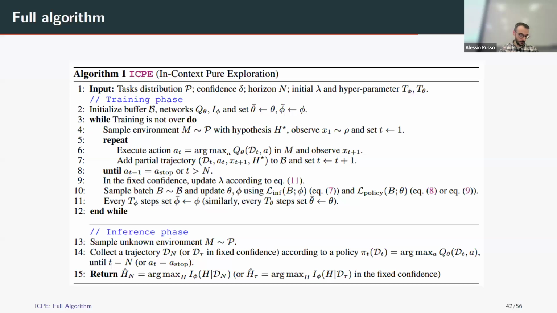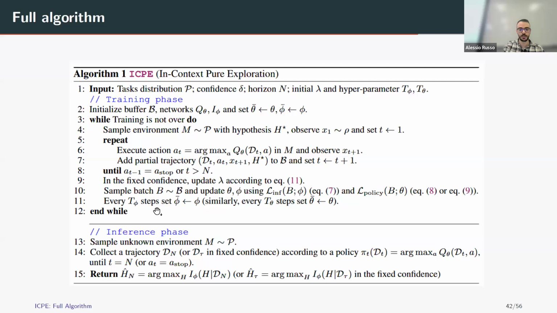So this is the final algorithm in the end that we call ICP, in context pure exploration. We have the first training phase where we have access to this prior from which we sample data. We collect data, we put this data in some buffer, and then we use the data from this buffer to train the inference model and the policy using the cross entropy loss and the DQN loss I showed you before.